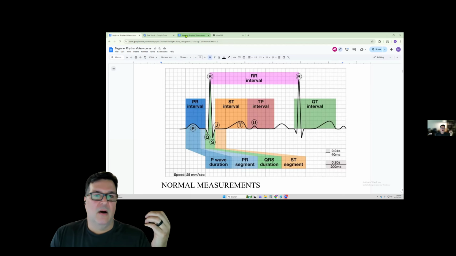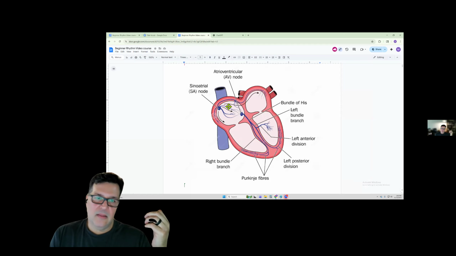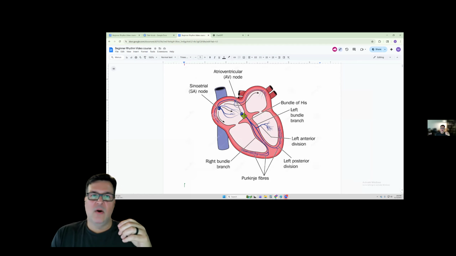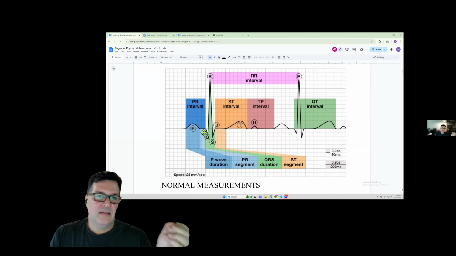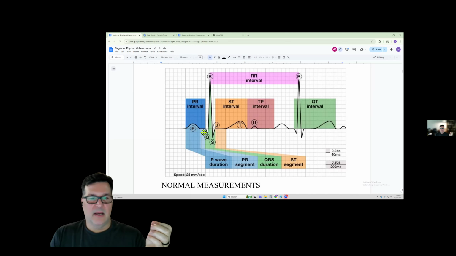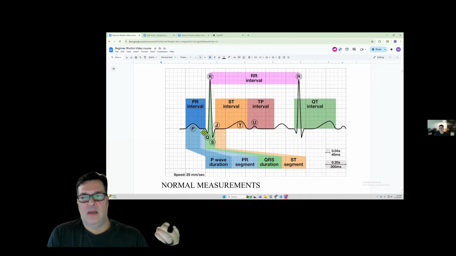So saying all that, it contracts the atrial chamber, gets to the AV node, and the AV node has this slight delay right here. This is called the PR segment. So that segment is the slight delay of the AV node allowing the ventricle to move from the right atrium to the right ventricle.